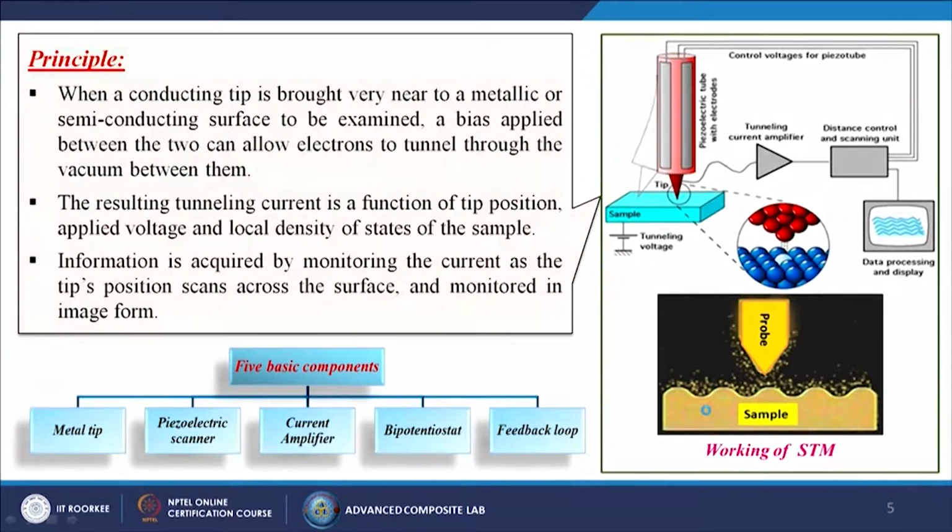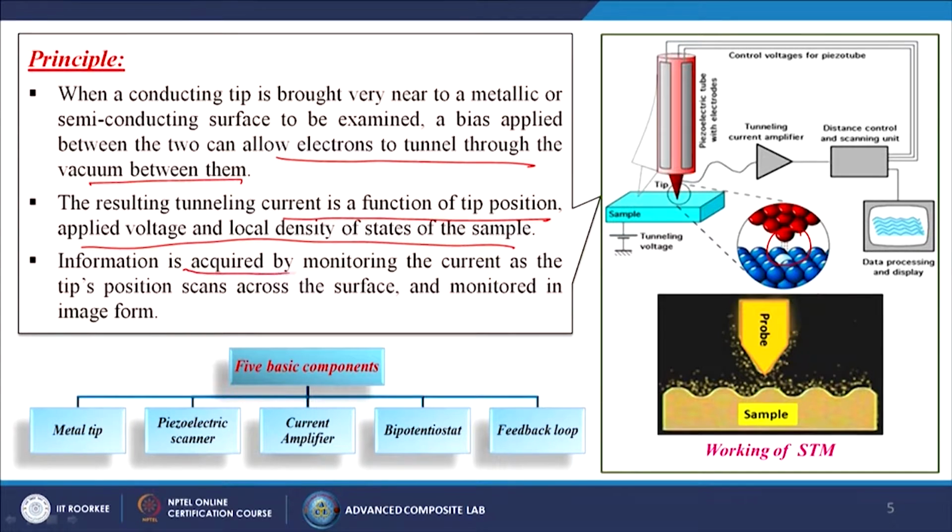What is the working principle? When a conducting tip is brought very near to a metallic or semiconducting surface to be examined, a bias applied between the two can allow electrons to tunnel through the vacuum between them. So, this is taking place. The resulting tunneling current is a function of tip position, applied voltage and local density of states of the sample itself.